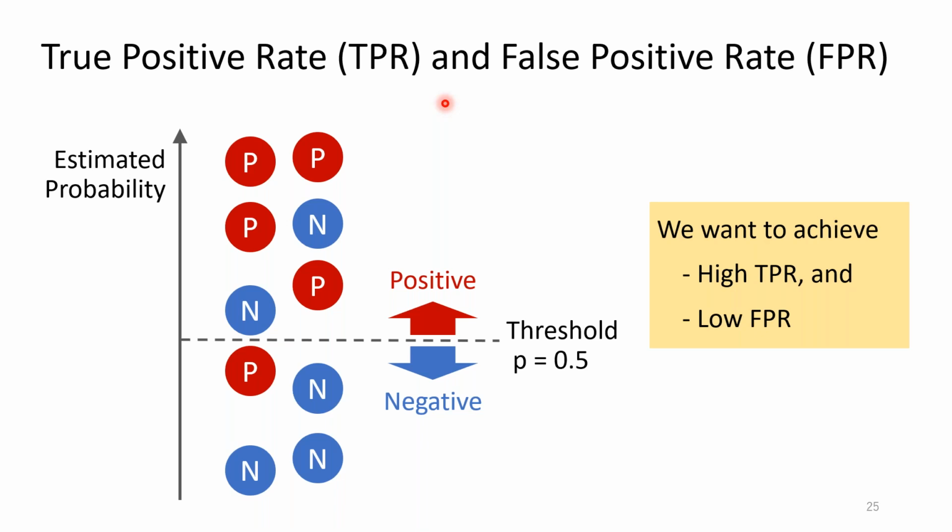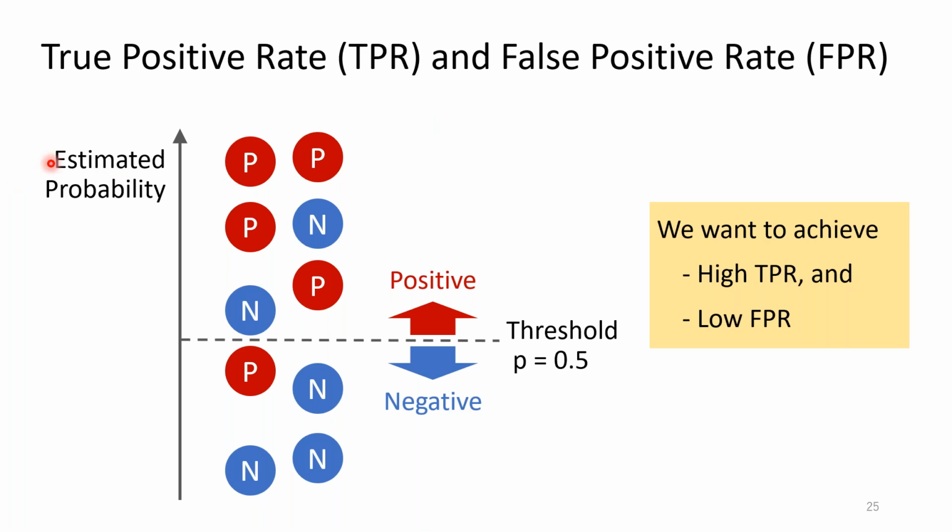However, there is a trade-off between these two rates, FPR and TPR. To understand this trade-off, let me talk about estimated probability and a threshold. In classification methods, we classify the samples based on the estimated probability, which indicates the probability of a sample being positive.